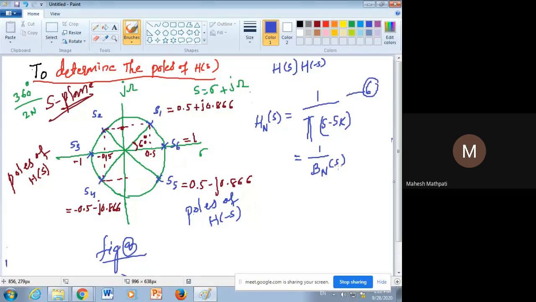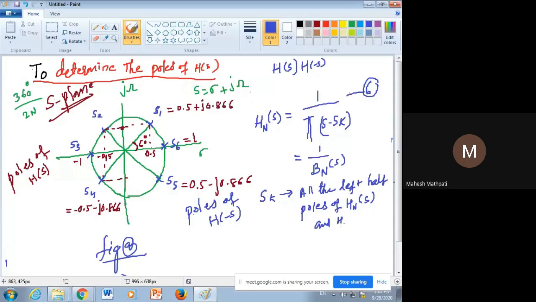You just add one line there, where sk are all the left half poles of Hn of s.